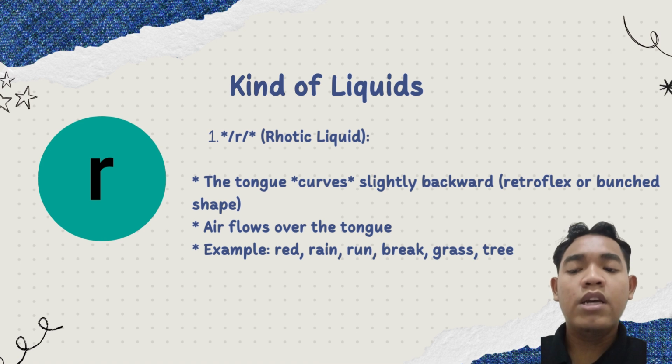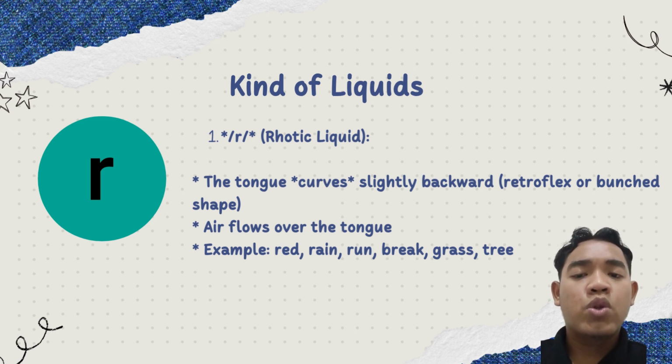And the second, airflow over the tongue. Keep the sides of the tongue raised so that air flows down the contour of the tongue. Do not vibrate or tap the tongue. The sound should be smooth and continuous, and it should come out softly, almost like a glide, not like a roll or a strong tap.